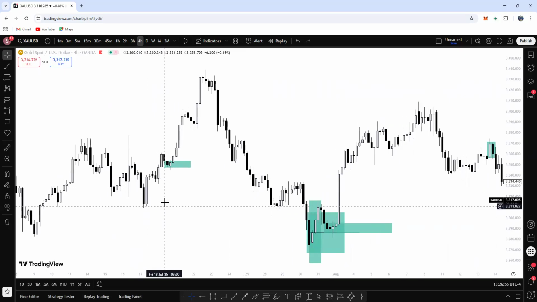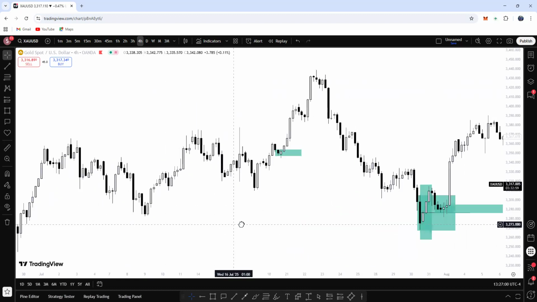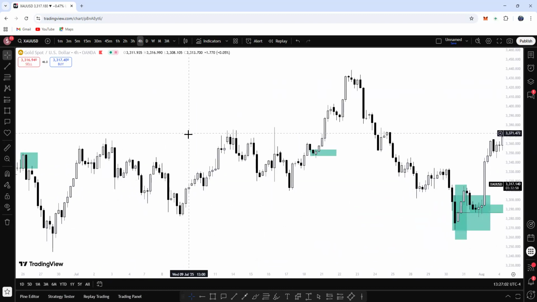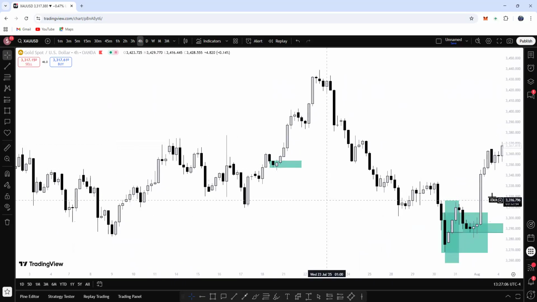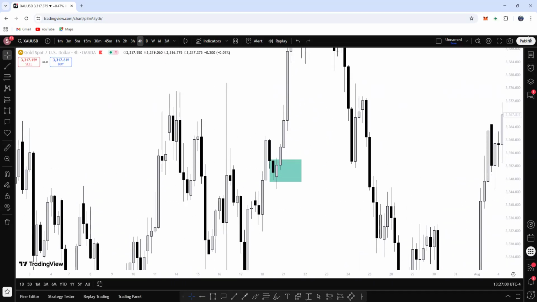Let's see where market bought from the classic SNR level. Okay, look at this. We have one here. Here we have a break of structure, guys. How is this a break of structure? We have this level here.